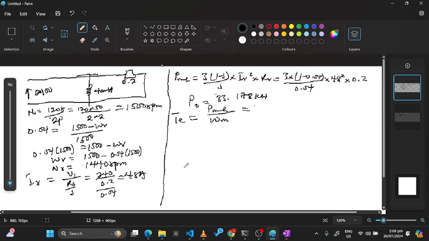So we should have 33.178 times 10 to the power 3, all divided by, we saw that the speed is 1440 times, you have to convert it to radians per second, so at the top here we have 2 pi over 60. So then our torque should be equal to what?